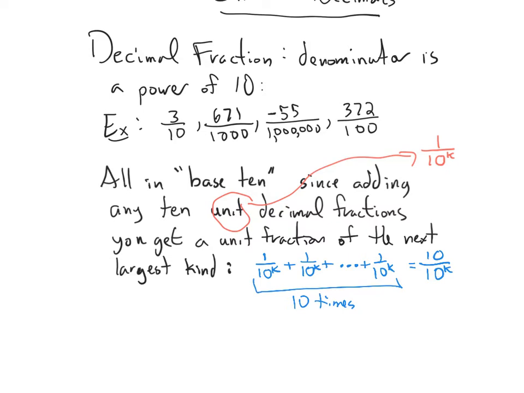But look, now we have a common factor of 10 in the numerator and denominator, so we can cancel that out. 10 divided by 10 is 1. 10 to the k divided by 10, so that's 1 with k zeros after it. We're just going to cancel out one of those zeros, dividing by 10. This becomes 10 to the k minus 1. So we get a unit fraction of the next largest type, 1 over 10 to the k minus 1.